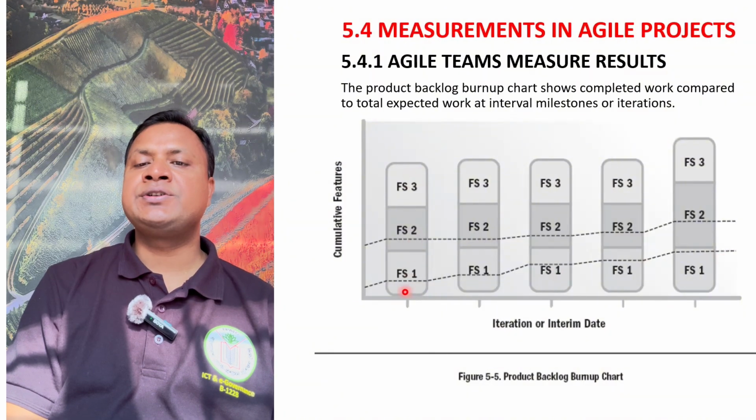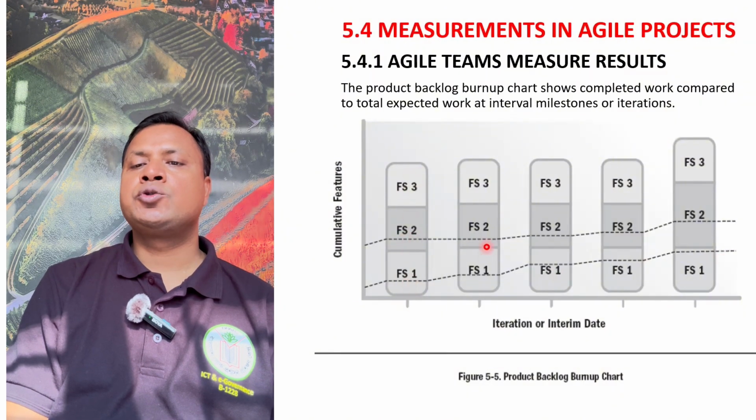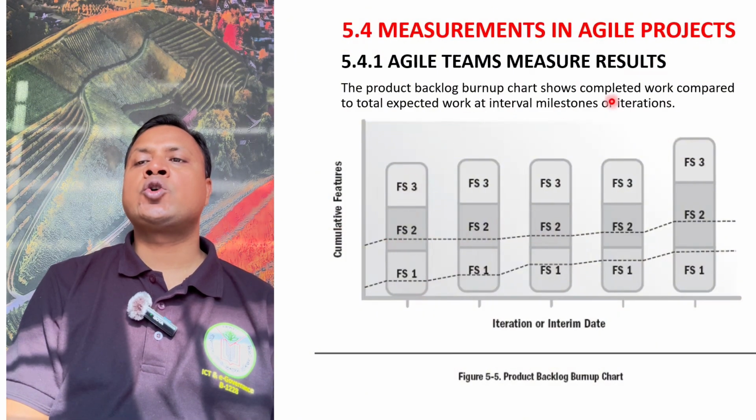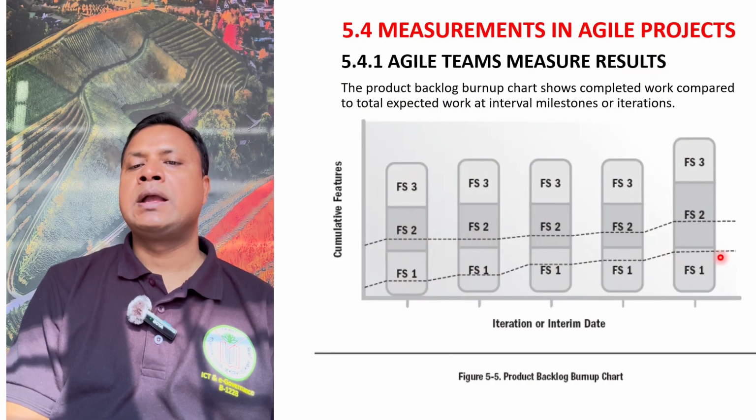For each iteration, you should be there, but you are here. So you are comparing your present position and your dream position. This is completed work, and this is expected work. So we are behind here.